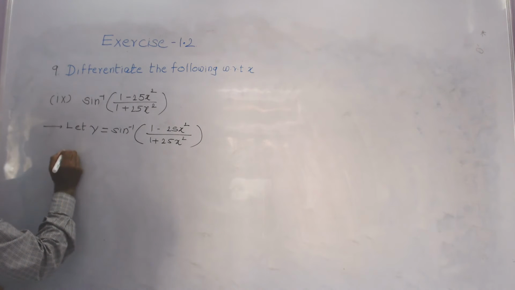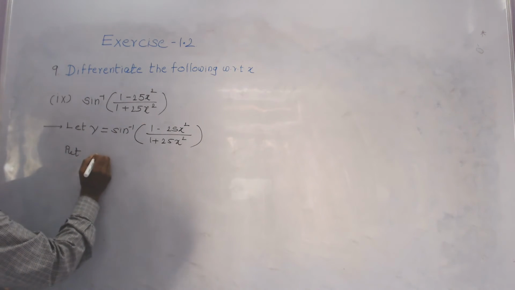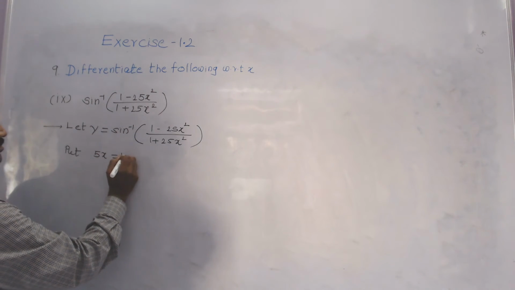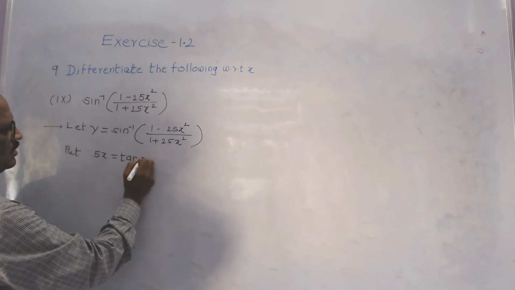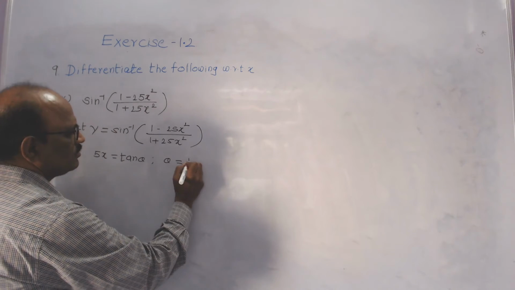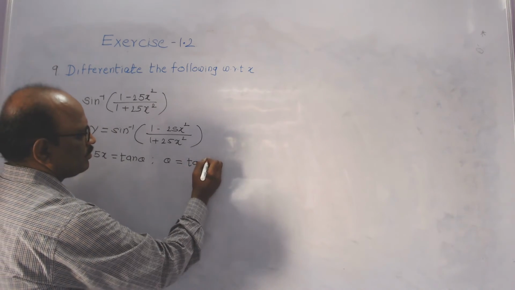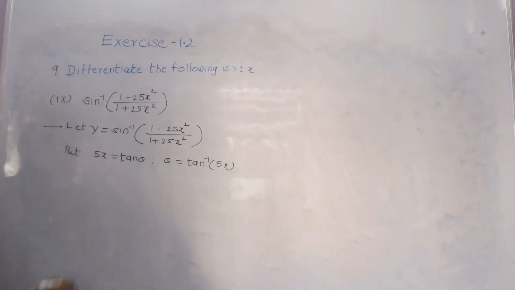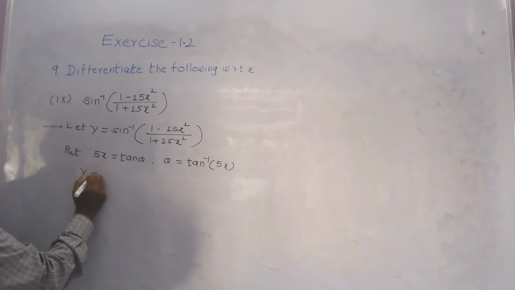Now what is the substitution here? Put 5x is equals to tan theta, and therefore theta is equals to tan inverse of 5x.